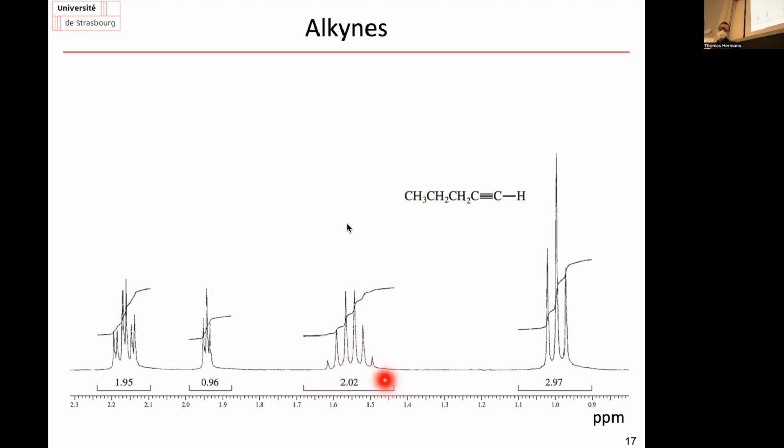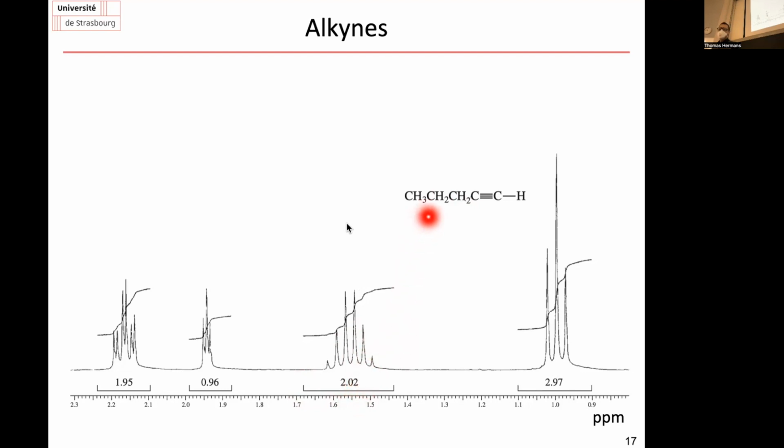Let's look at this one. It has integral 2, so it's a CH2, can be either one of these ones, but it's a sextet. So it must be this one because you have 3 neighbors here, 5 neighbors here. So this one will be a sextet with integral 2.